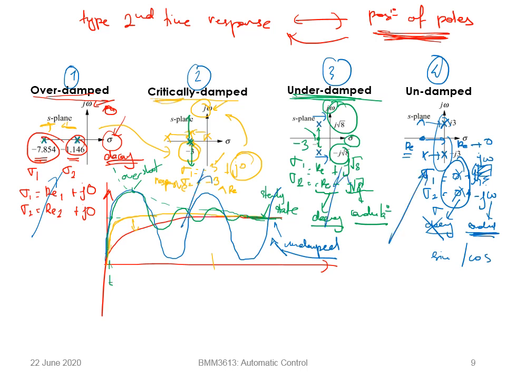When you do your exercises or problems and you find the position of the poles, you can directly say that the system is either overdamped, critically damped, underdamped, or undamped, without having to go through all the calculations of partial fraction, inverse Laplace, and find the exact equation of a time response, right?